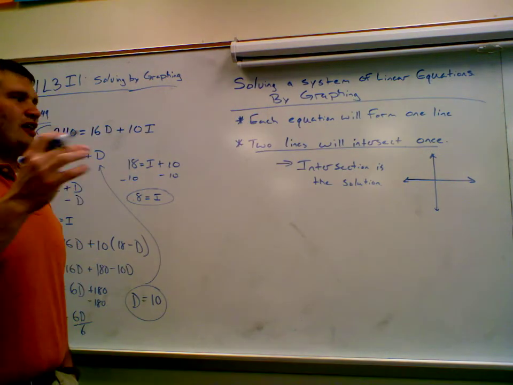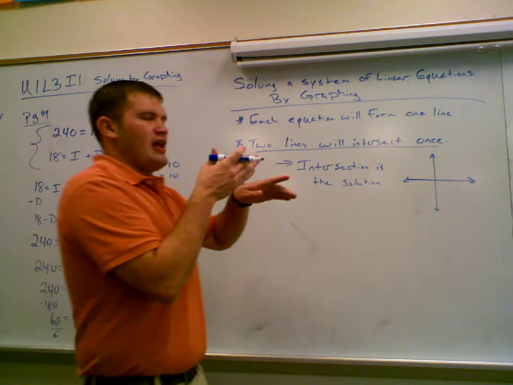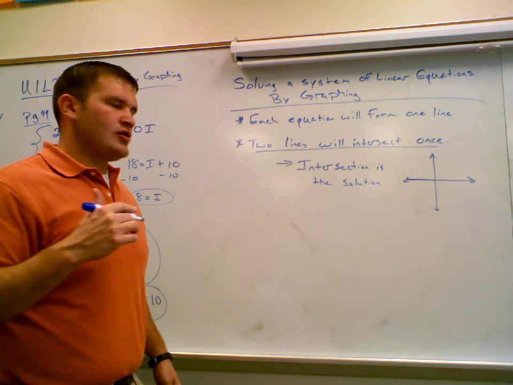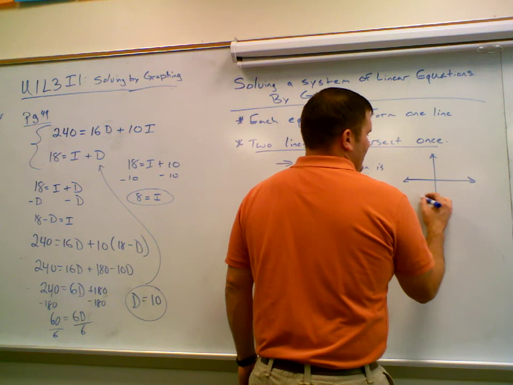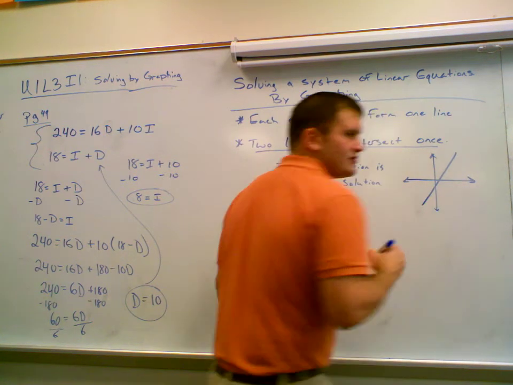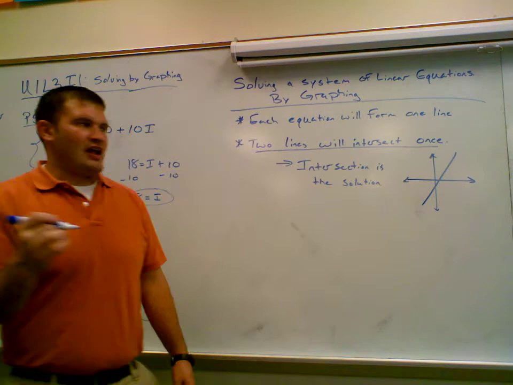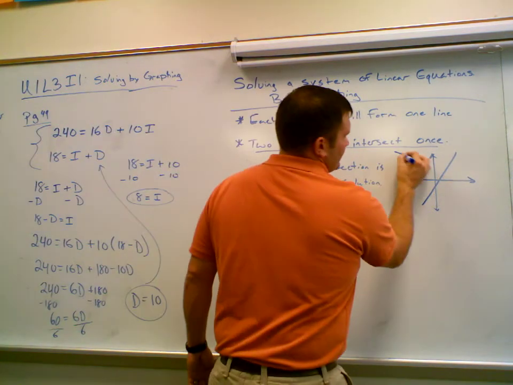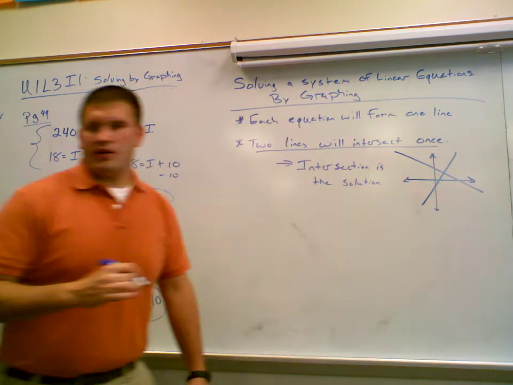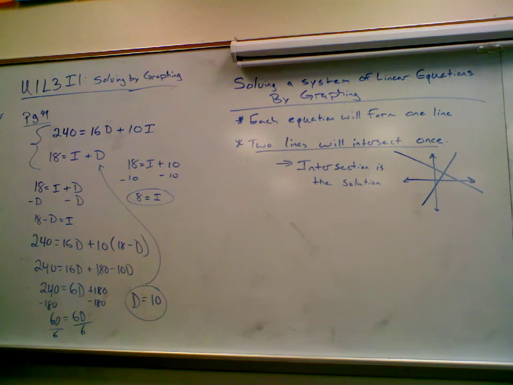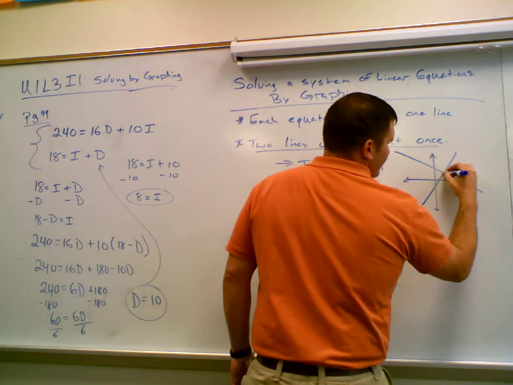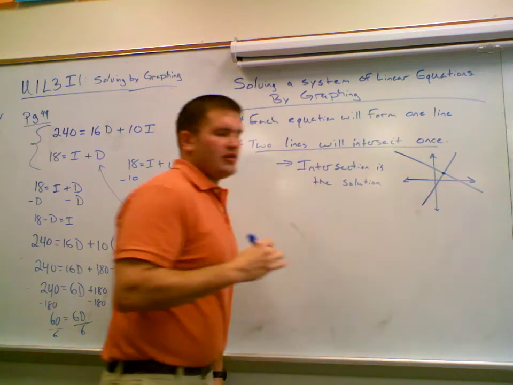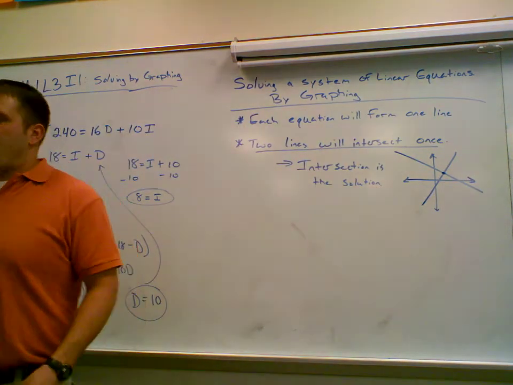Not on the x line and the y line, but where that point is in the coordinates. Let's say I have one line that looks like this, and another line that looks like this. How many times do they intersect? Once. This point right here is the intersection.